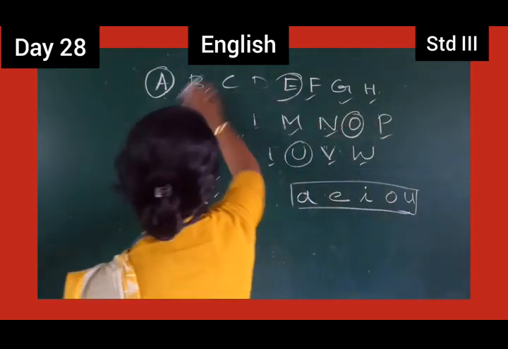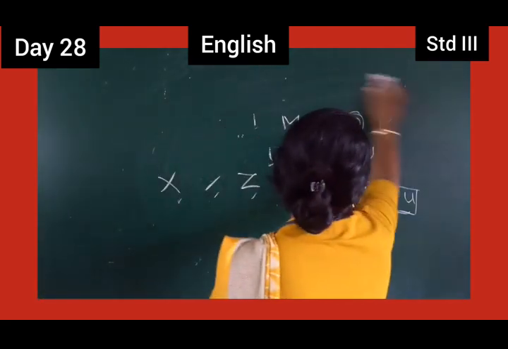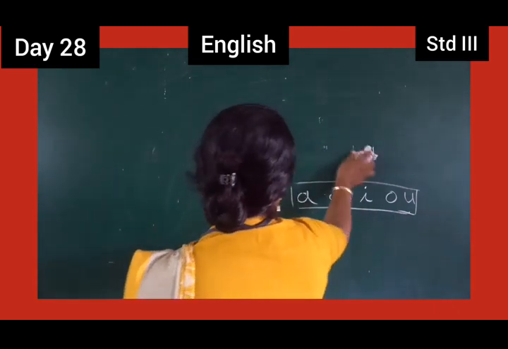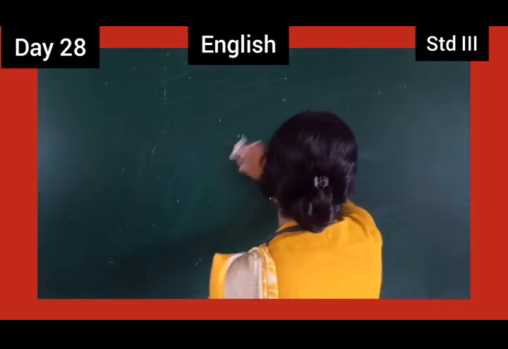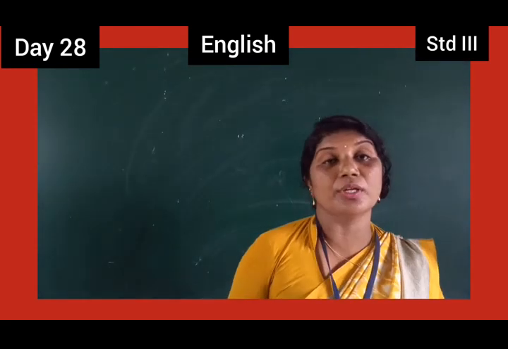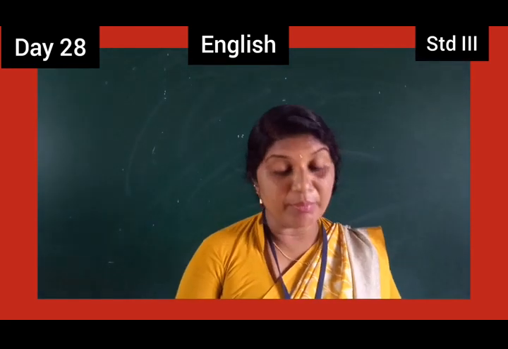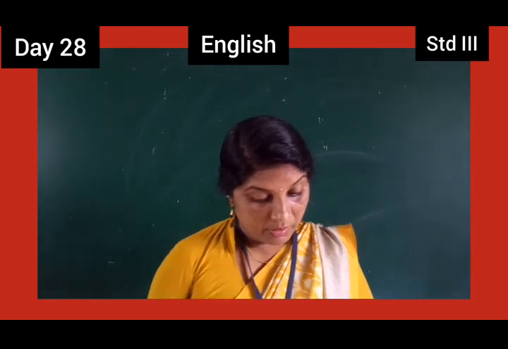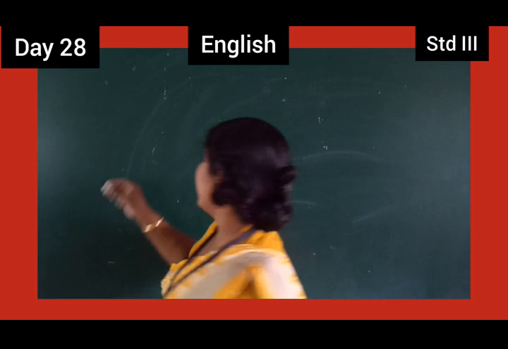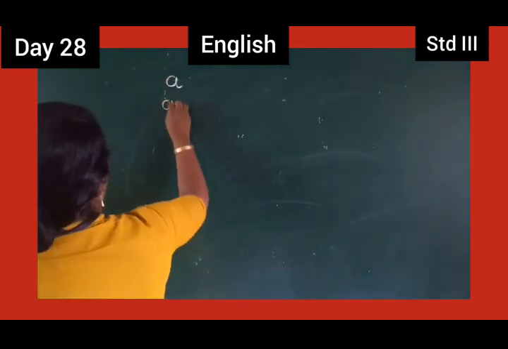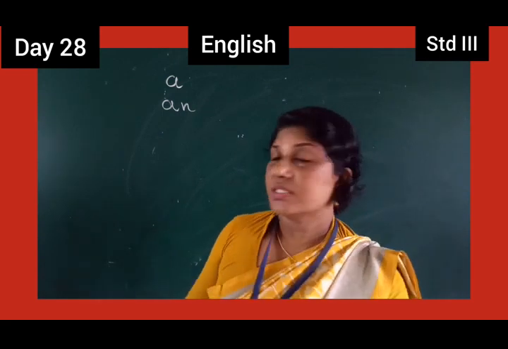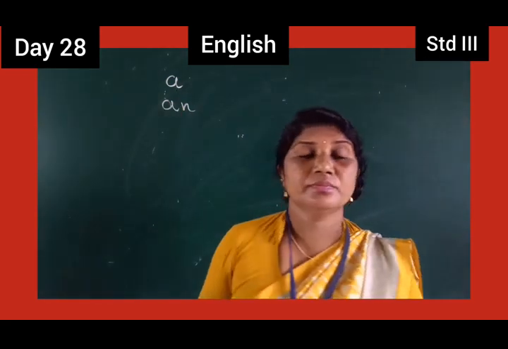Okay, children? Then what are articles? A, an and the. These are articles. I told you articles come before nouns. Okay, then children, here a and an.